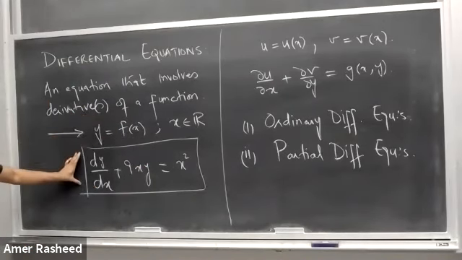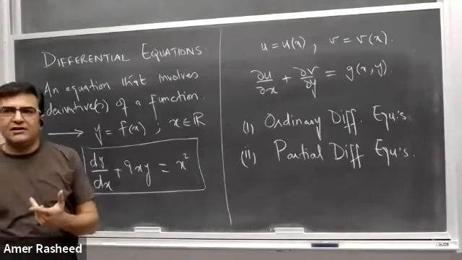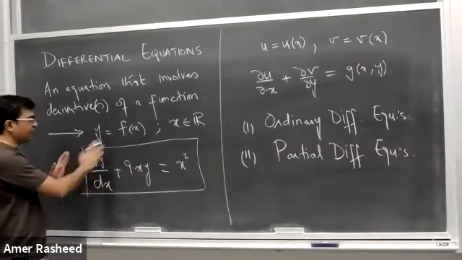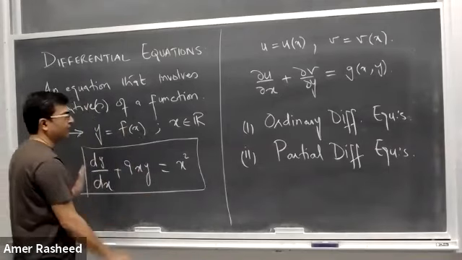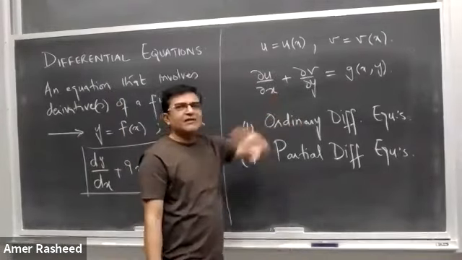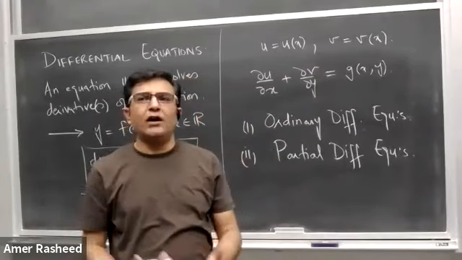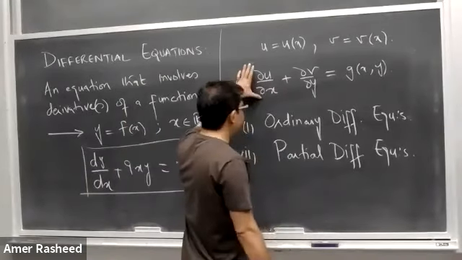If an equation involves derivatives of a single function or more than one function, but with respect to a single variable, then it is called an ordinary differential equation. Whereas if it involves partial derivatives with respect to more than one independent variable, then it is called a partial differential equation.